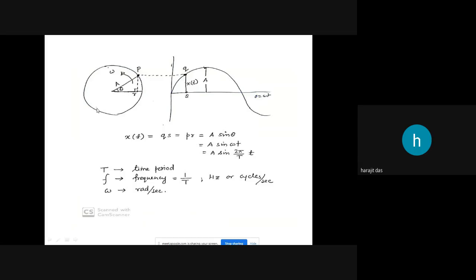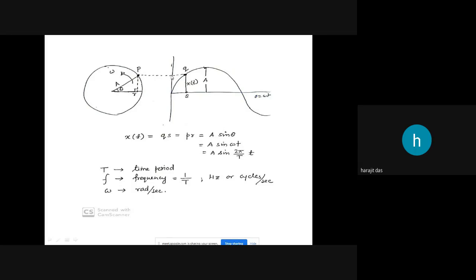Here I have drawn the same drawing, PR and QS. So if you compare this position, what is x(t)? This is x. In the vertical direction we calculate the amplitude or displacement.